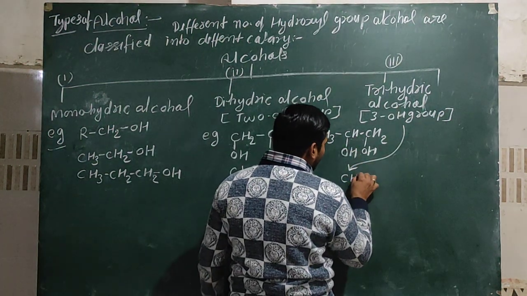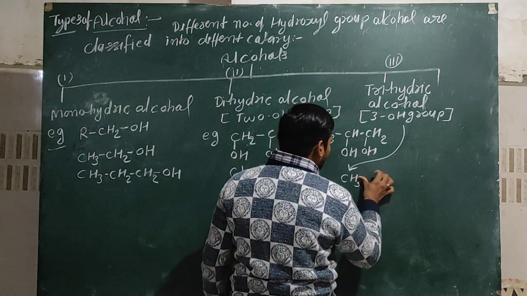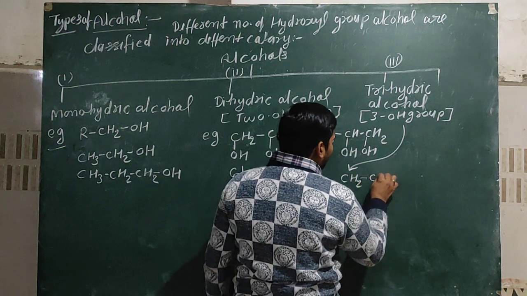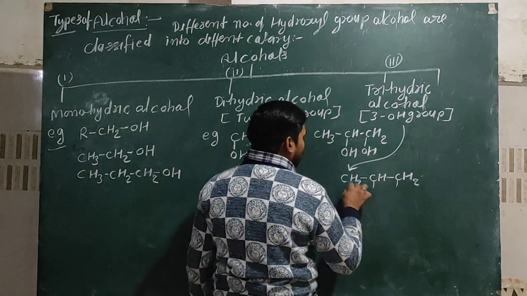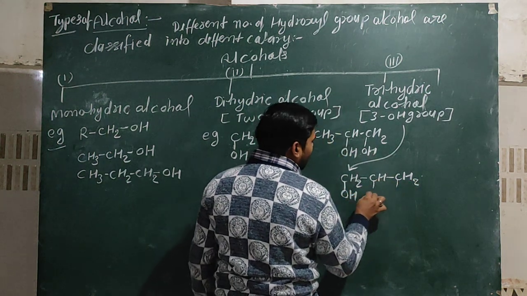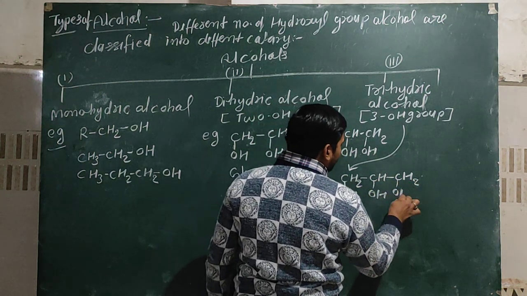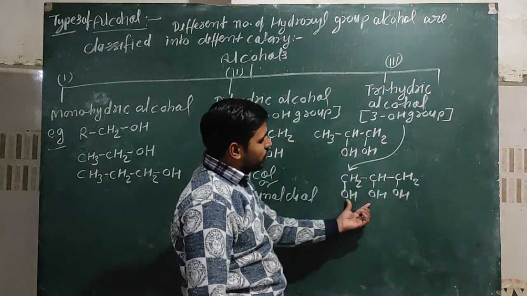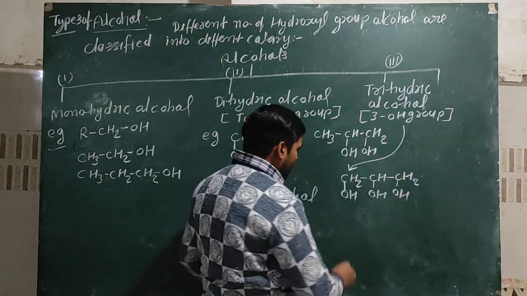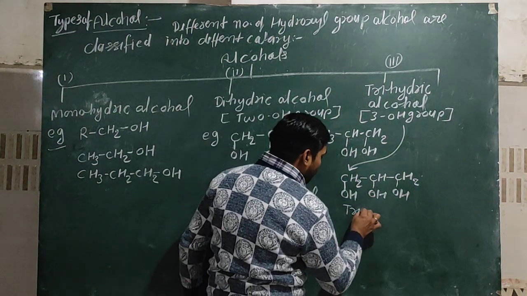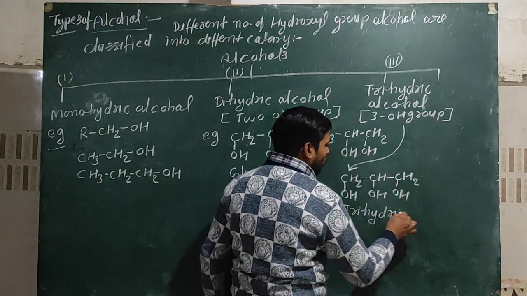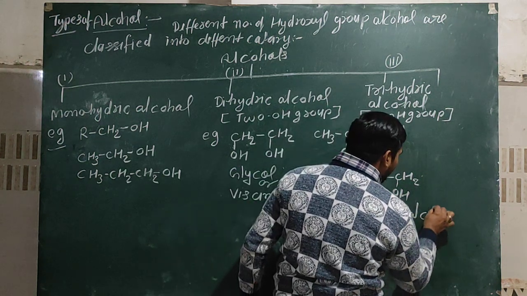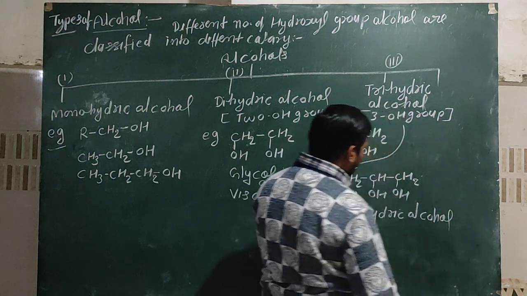For example, CH3, CH2, CH and CH2. Every carbon contains an OH group, and the total number of OH groups is equal to 3. Then it is known as trihydric alcohol. Okay.